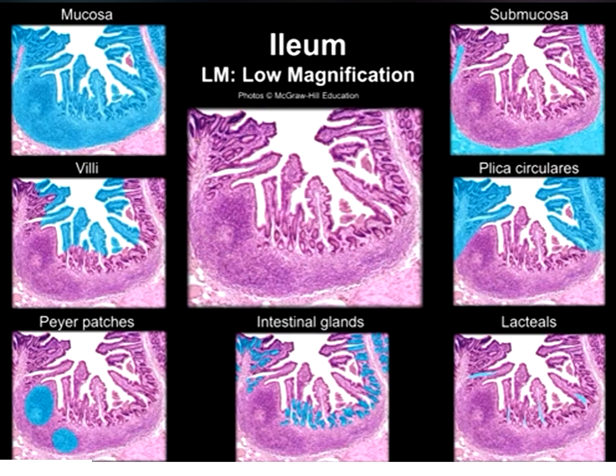If we look at the ileum, we can also see some of those layers. You can see the mucosa layer, and it's a pretty thick mucosa layer, and we can zoom in on just one of these villi. The submucosa layer is going to be this layer here that is deep to that mucosa. And then we can also find some lacteals.